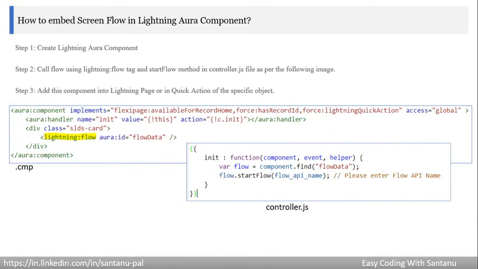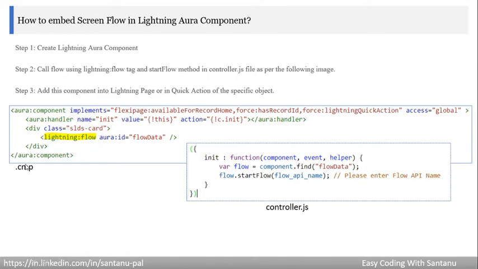Now, how to embed screen flow in Lightning Aura component? It's very simple. First, we need to create a screen flow, then we need to create the Lightning Aura component as mentioned in step 1. Step 2, we have to call the flow using the lightning:flow tag.